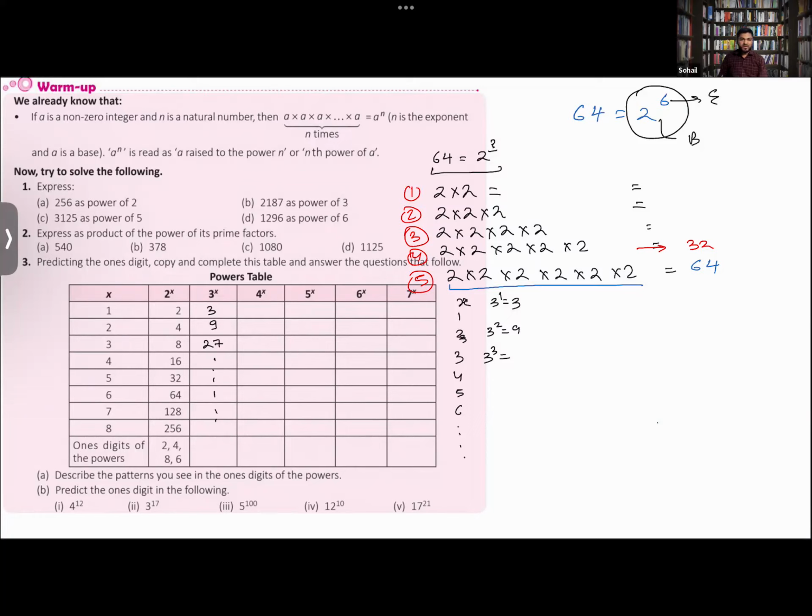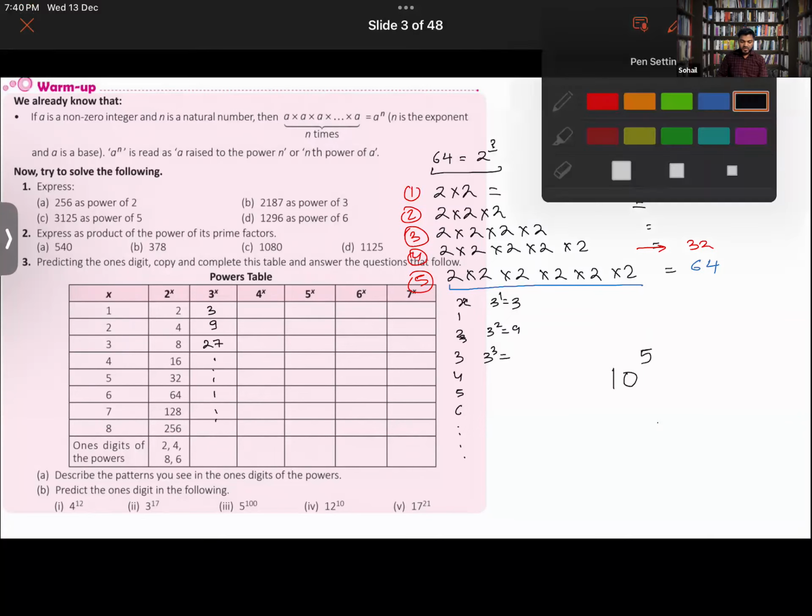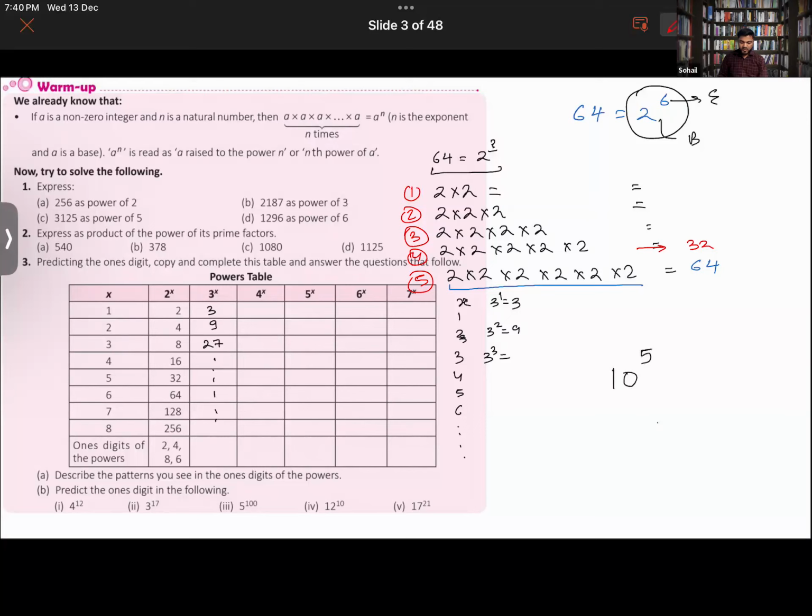For example, 10 raised to the exponent 5. इसमें क्या क्या terminologies होते हैं हमारे पास? What do you call this 10? What do you call this 5? The base and power. Base and power, namely, right? Yes, sir.